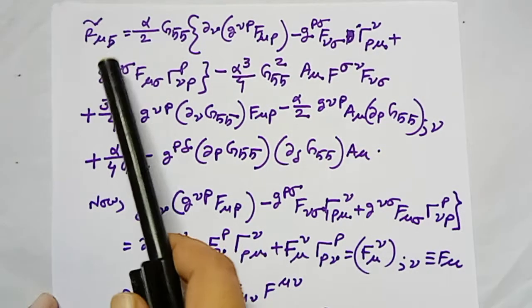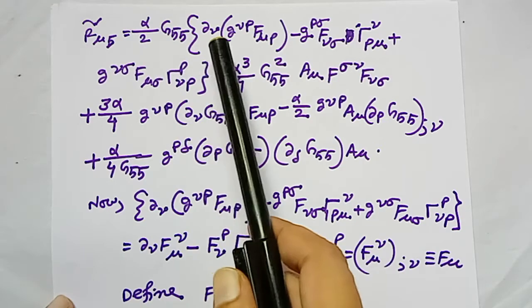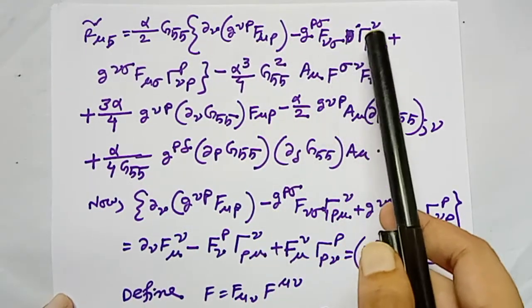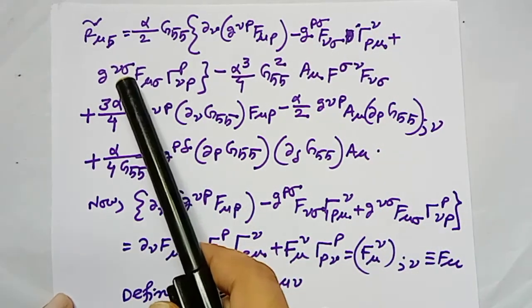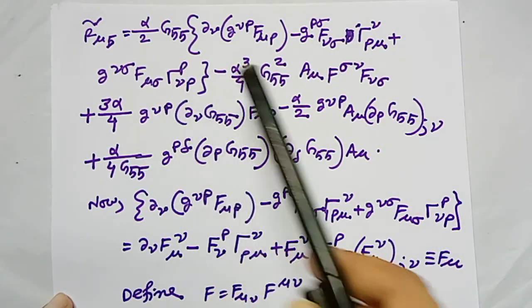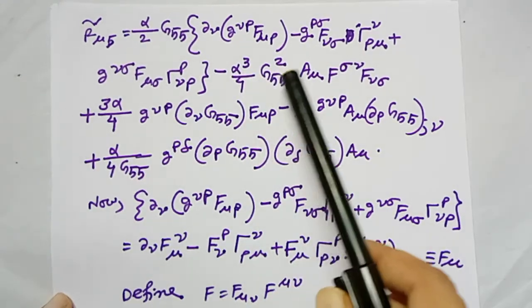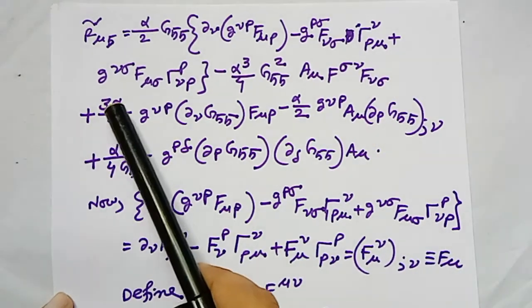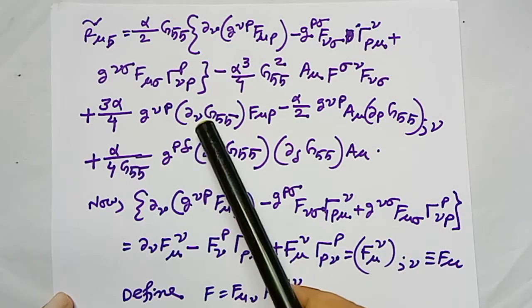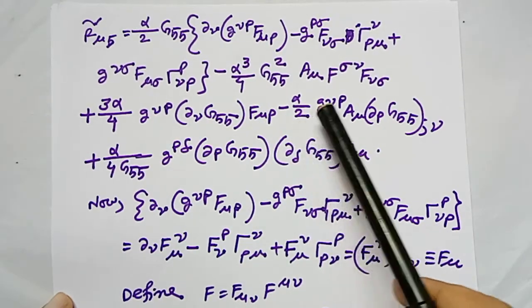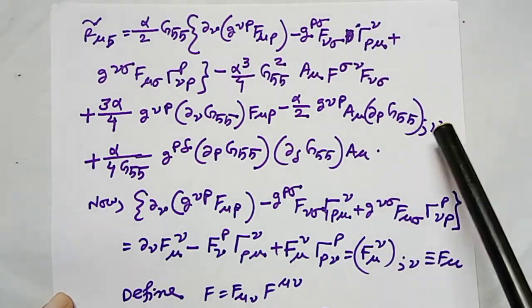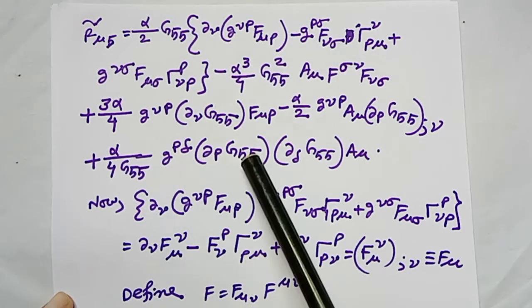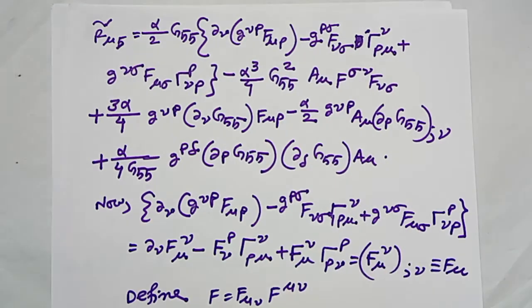Now R tilde mu 5: alpha divided by 2 g55 ∂_nu g nu rho F mu rho, minus g rho sigma g nu sigma Γ nu rho sigma, plus g nu sigma F mu sigma Γ rho nu rho, minus alpha cubed divided by 4 g55 squared A mu g sigma mu nu g sigma nu F mu sigma, plus 3 alpha divided by 4 g nu sigma ∂_nu g55 F mu rho, minus alpha divided by 2 g nu sigma A mu ∂_rho g55 with covariant derivative nu, plus alpha g55 g rho sigma ∂_rho g55 ∂_delta g55 A mu.